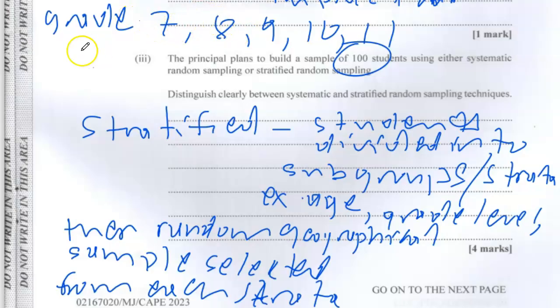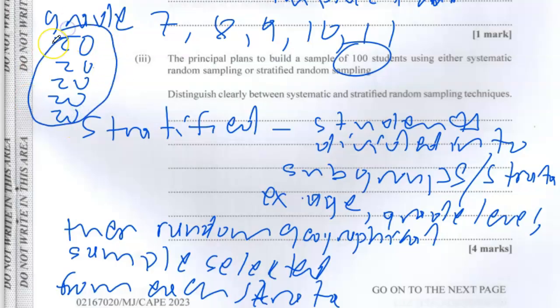From grade 7, they select 20. From grade 8, they select 20 randomly. From grade 9, they select 20. Grade 10, 20. Grade 11, 20. And that will get the 100 students. So that way they have a representation from all grade levels, 20 from each grade level. That would be an example of a stratified sample. Alright? The other one is systematic.